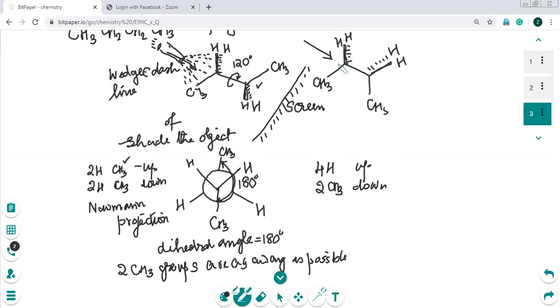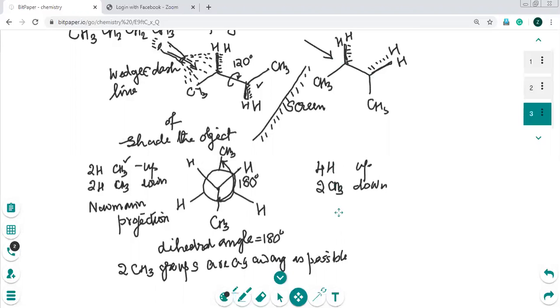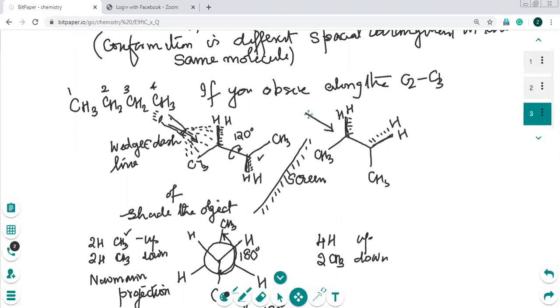Think about it. If you're looking from here on the upper side, this hydrogen is projecting towards you, and these two hydrogens are projecting away from you. Now suppose you are looking from this side. You can see the CH3s are vertically down.